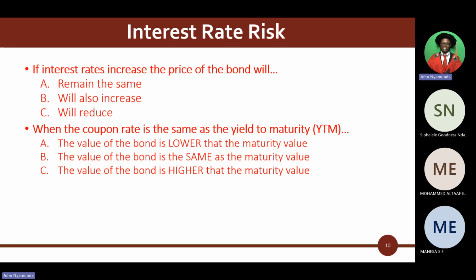Okay. Question now, easy now, theoretical questions. 2 theoretical questions from what we learned. If interest rate increases, the price of the bond will, answer, put it in the chat. Then at the bottom there will be 2 arrows, then you go to the next question: when the coupon rate is the same as, and then you put the answer there, then you post. These 2 questions are just to solidify the theory.